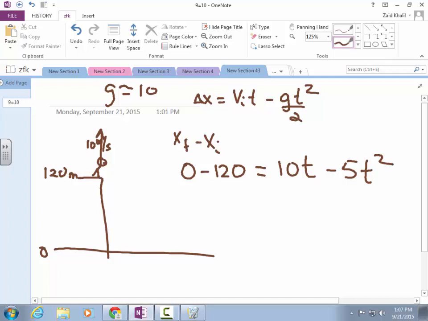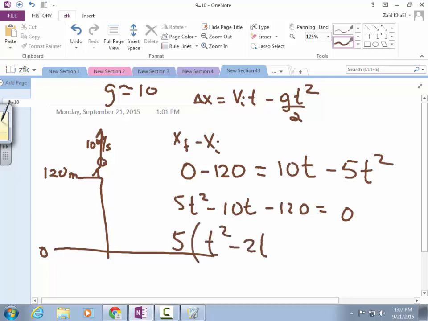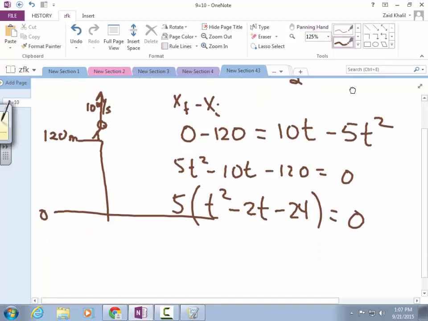So, carry it all over to one side. You get 5t squared minus 10t minus 120 equals 0. Factor out a 5. You get t squared minus 2t minus 24 equals 0. Factor that. What do you get? t minus 6, t plus 4.